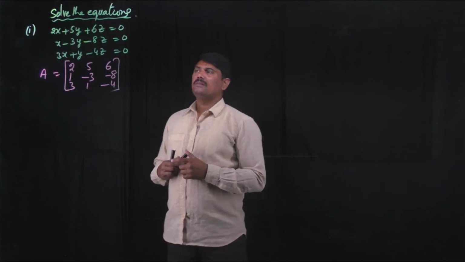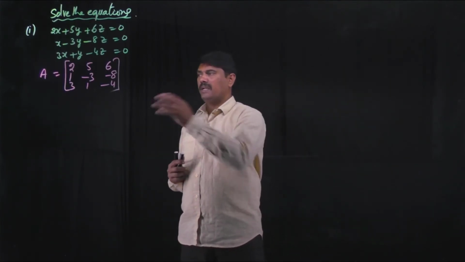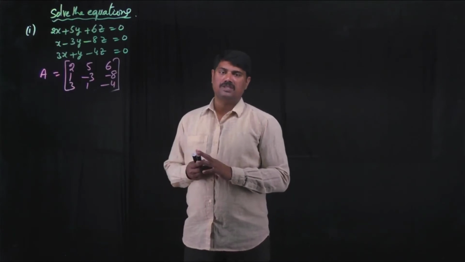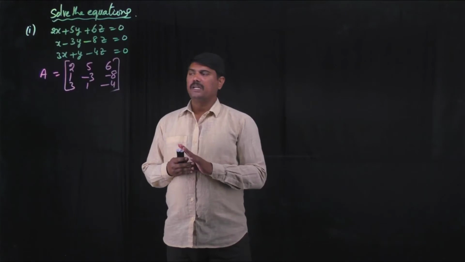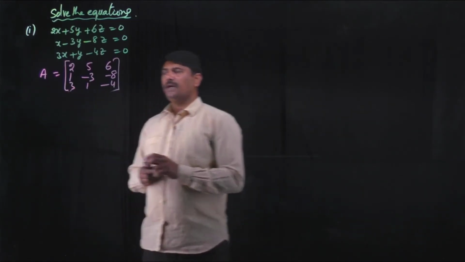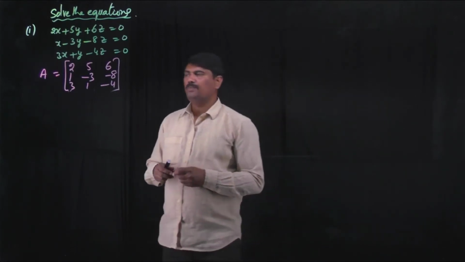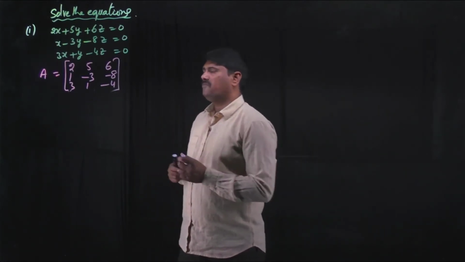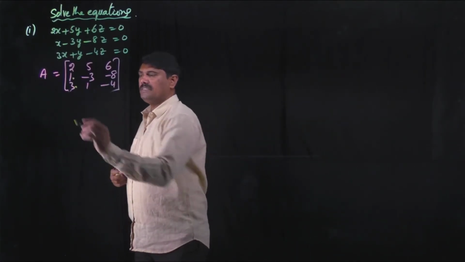So remember, the solution of the homogeneous equations completely depends upon the rank of the coefficient matrix A. So here you need to find the rank of A, which you can find by converting into echelon form. To convert into echelon form, you have to make the second row first element and third row first element zeros.